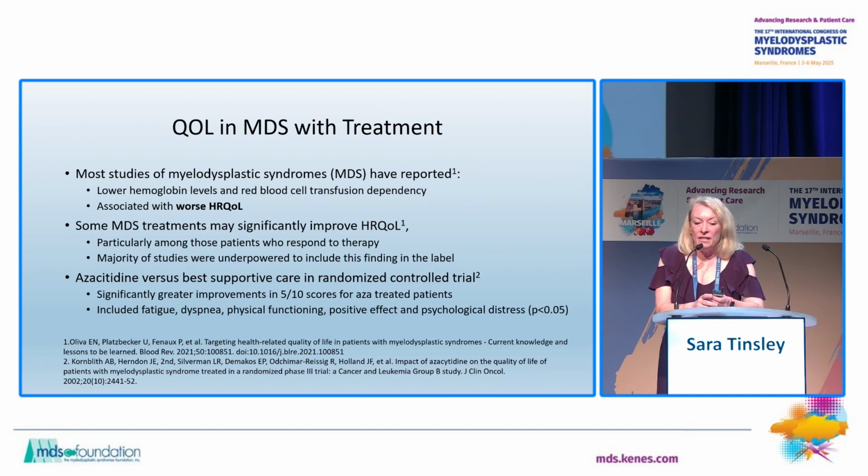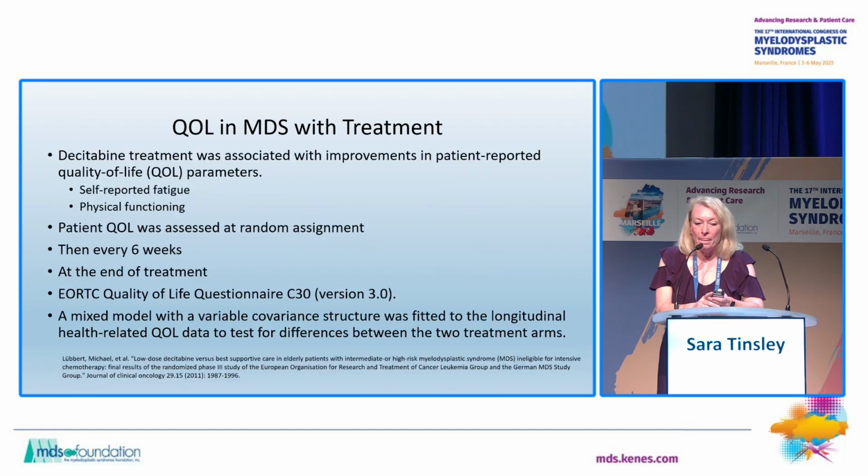And then we did see that for azacitidine versus best supportive care in a randomized controlled trial, this did show significantly greater improvements in 5 of 10 scores for azacitidine-treated patients, and that included fatigue, dyspnea, physical functioning, positive effects, and psychological distress. And you can see the p-value there, and then the references below.